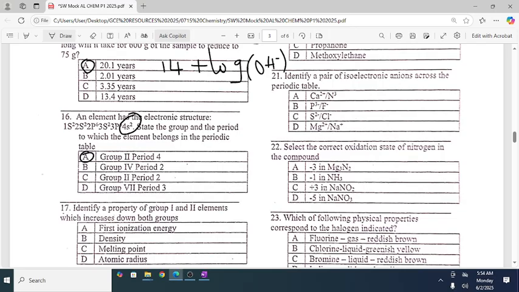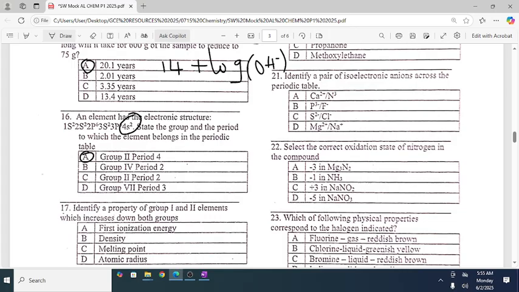But let me see: hydrogen, helium, lithium, beryllium, boron, carbon, nitrogen, oxygen, fluorine, neon, sodium, magnesium, aluminium, silicon, phosphorus. Yes, phosphorus is 15. I've forgotten the periodic table.